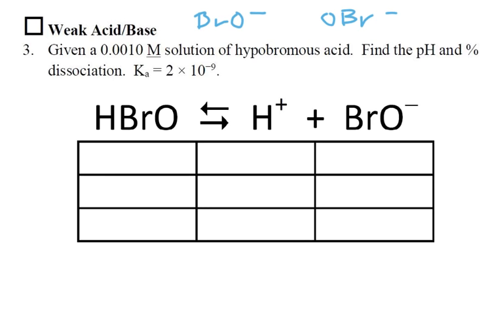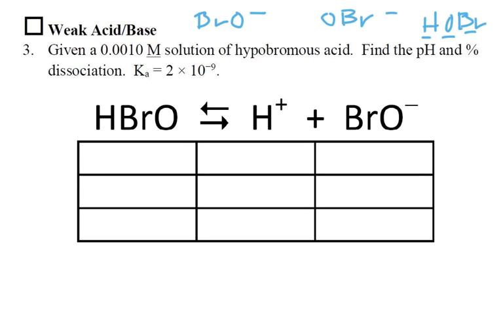So BrO minus or OBr minus, you should recognize both. And on the answers that we gave out, we called that OBr minus. So the formula for this could have been written as HOBr. And that actually makes sense because when you write out the compound, the H really is connected to the O, which is connected to the Br. But we could write it both ways.